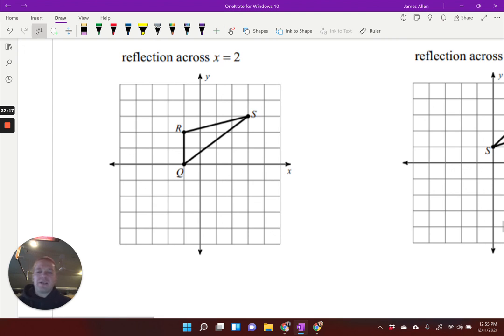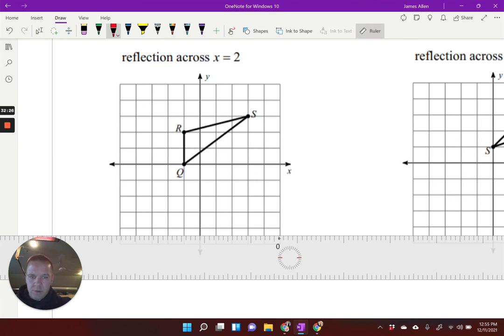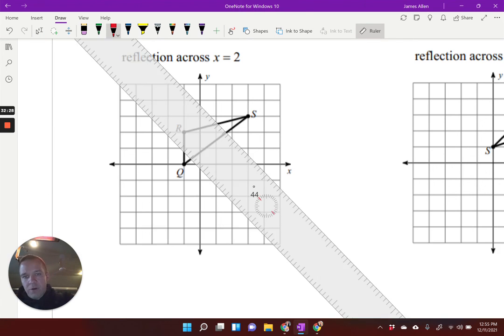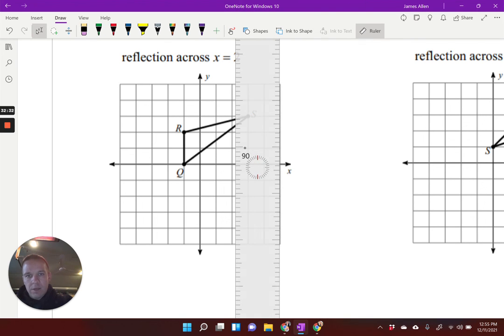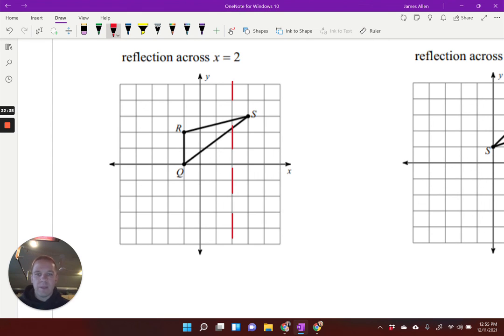Lovely. Reflect across the x-axis, or the x equals 2, not the x-axis. X equals 2. So let's pop that line down, shall we? I'm going to use my ruler so it's nice and straight. So x equals 2 is actually a vertical line, not a horizontal line. And that's going to be right here. So I am reflecting across that line. Okay?